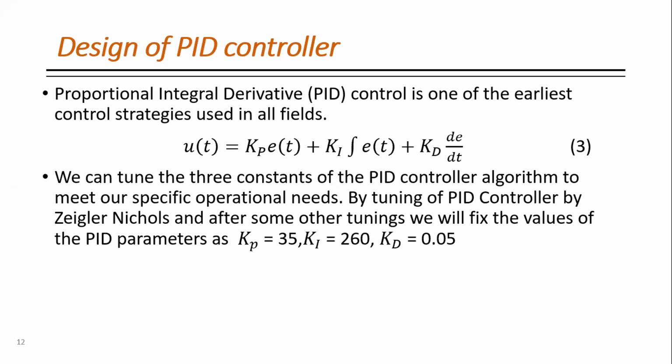By tuning the PID controller by Ziegler-Nichols method, and after some other tuning, we will fix the values of PID parameters as follows: KP is 35, KI is 260, KD is 0.05. We will use these values to initially train the network.